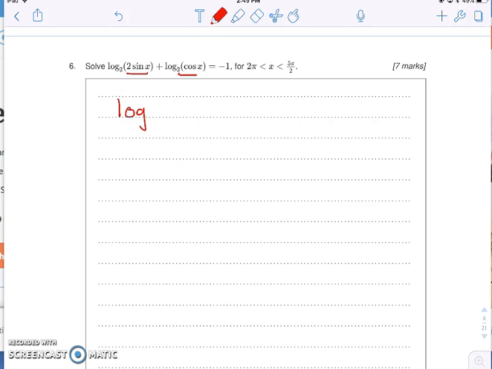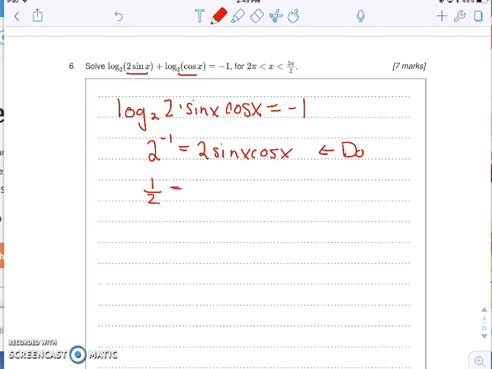So this becomes log base 2 of sine of x cosine of x equals negative 1. If we were to rewrite this in exponential, 2 to the negative 1 equals sine of x cosine of x. So this is 1/2, 2 to the negative 1. And this actually is a double angle formula.